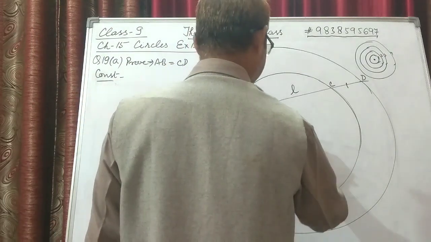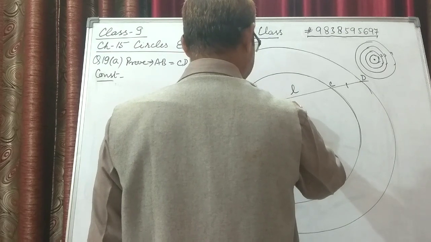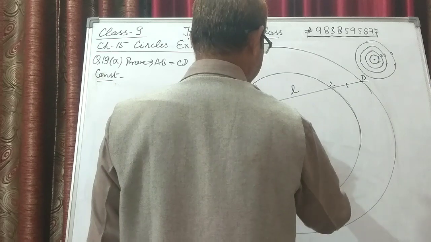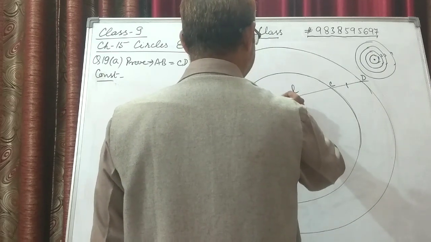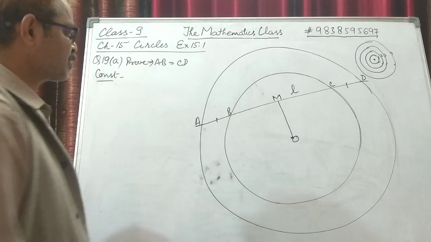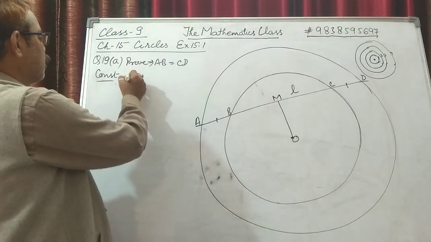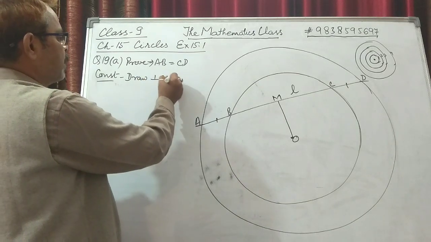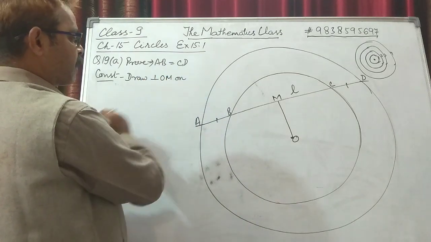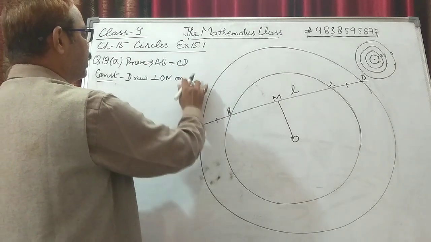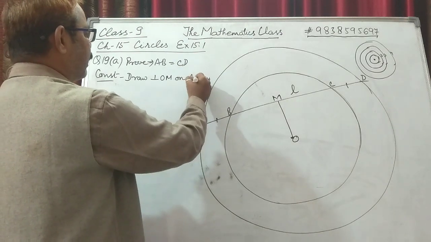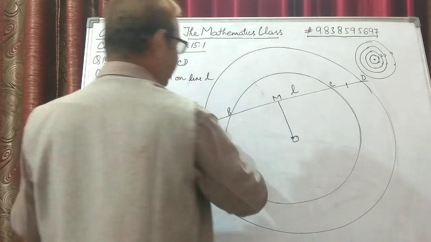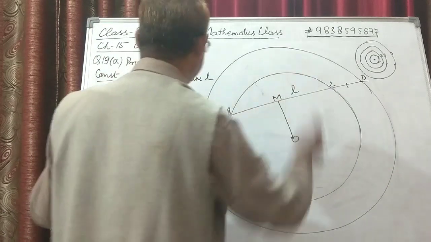So I am drawing a perpendicular from center O to point M. What I have done in construction is draw perpendicular OM on line L. Let us say line L, because if you say BC then AD will be left, and if you say AD then BC will be left.